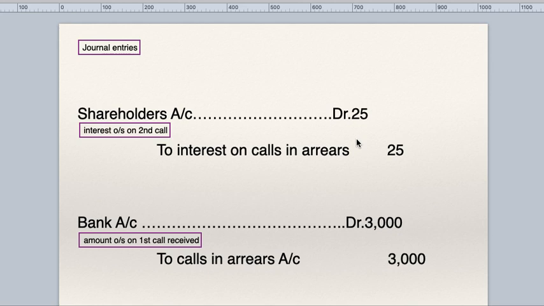Now again, final call in arrears amount is 3,000. On 3,000 at 5% for 2 months, 3,000 into 5% divided by 12 multiplied by 2 will be 25. So till the year end they have not received this 25 rupees. That is how entries are to be passed.